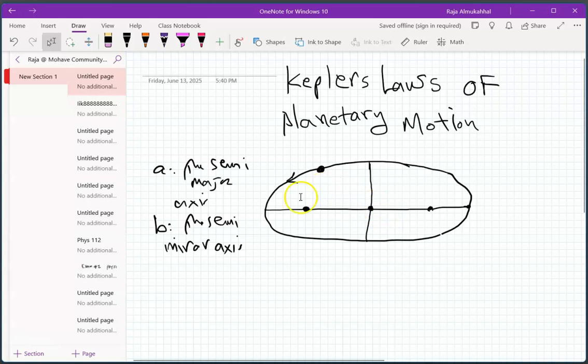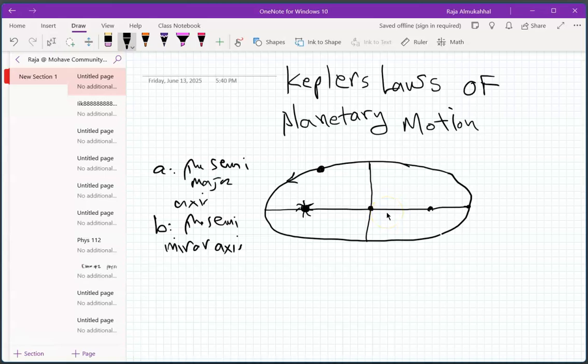Not in the center, it's right at the focus, one of the foci, not both of them, of course. So let's say the sun is right here, and here is, let's say, our Earth. It goes around it in that fashion. So that's Kepler's first law.